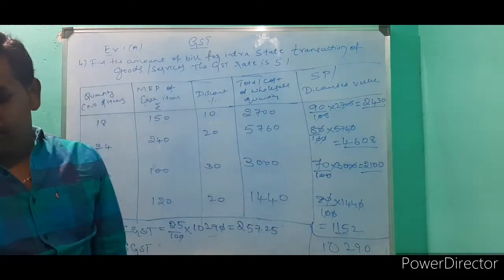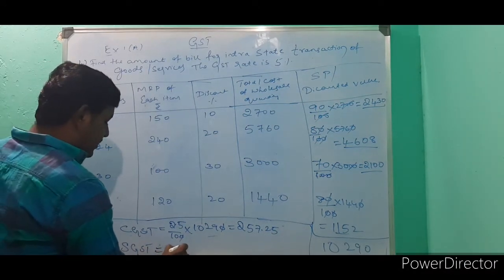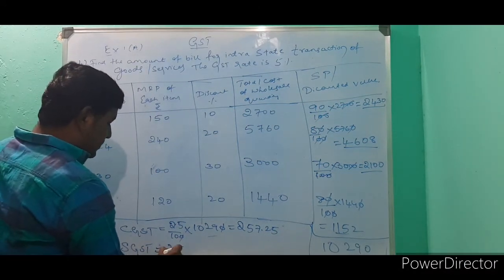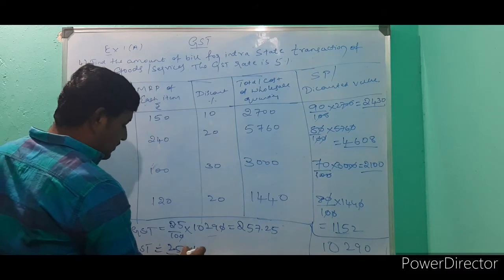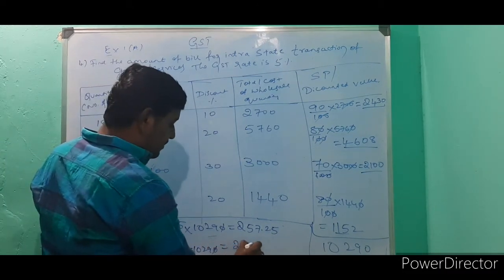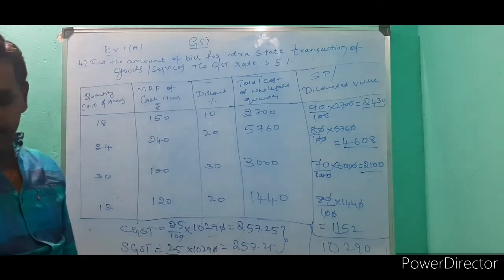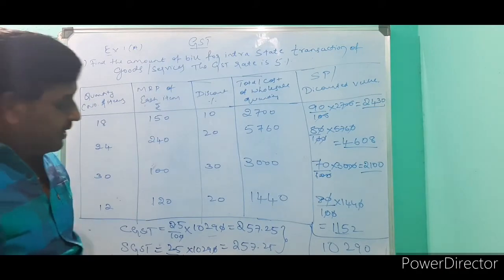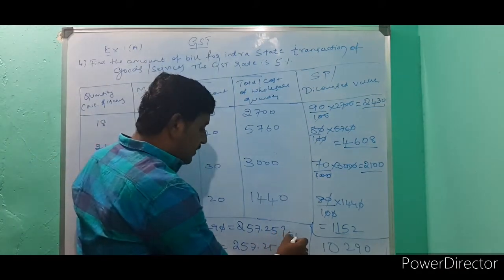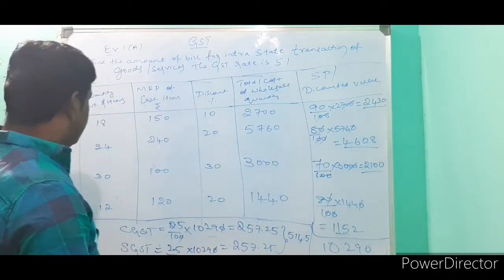For SGST you will also get the same 257.25. Add these two amounts of taxes and you will get 514.5.